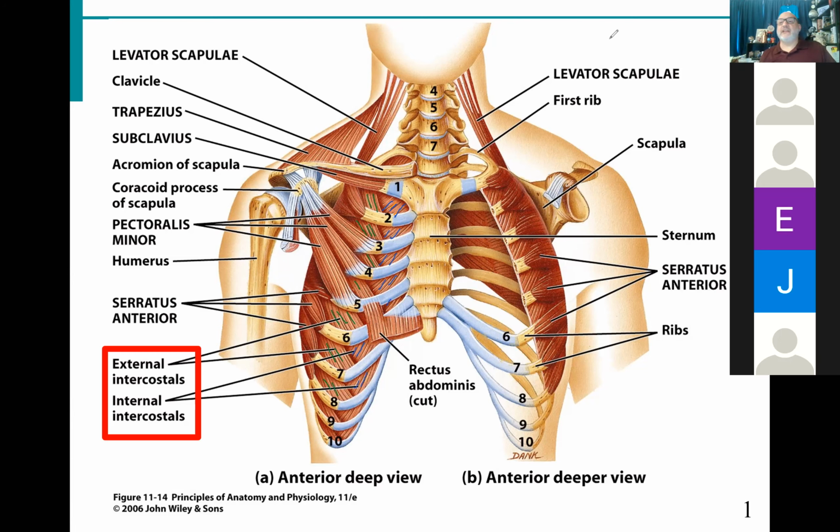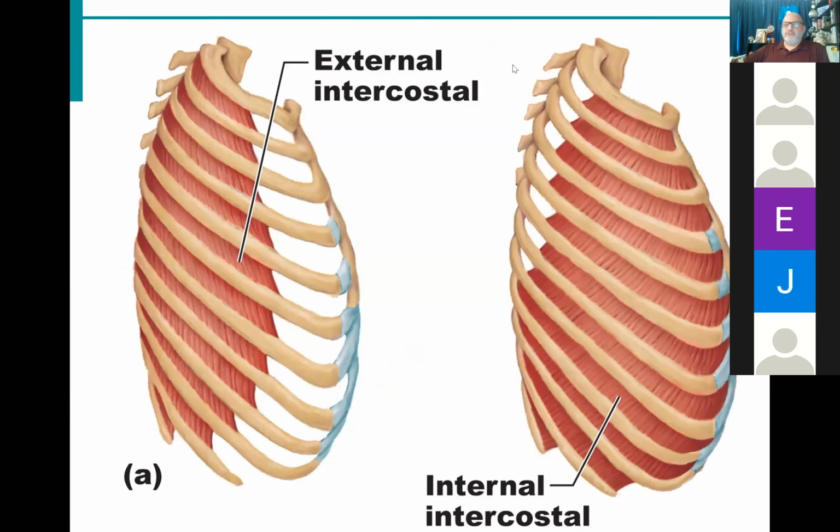And what I really like, your book's got this great picture that conveniently enough peels the two layers apart. Obviously, when we peel the two layers apart, we can't see which one's superficial and which one's deep. But we can clearly see that the external intercostals don't come up to the cartilage, don't come up to the sternum, whereas the internal does.